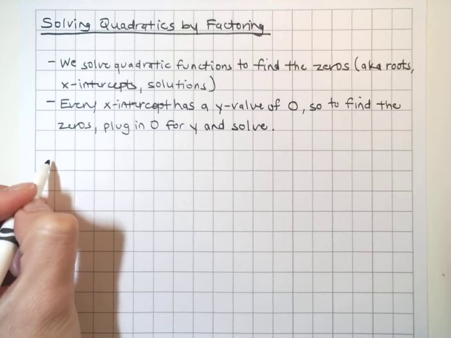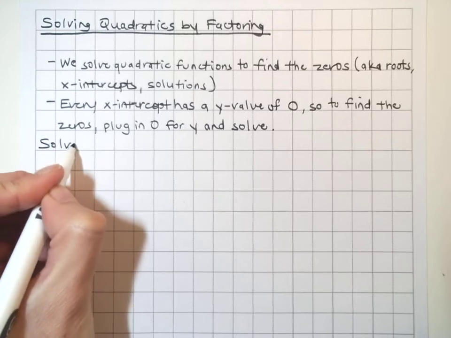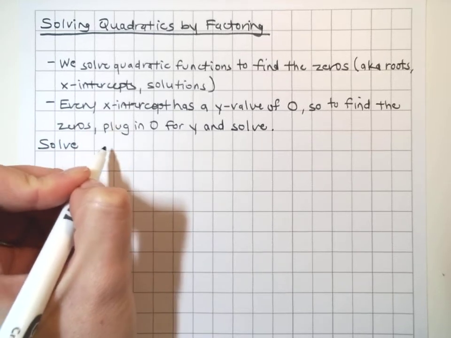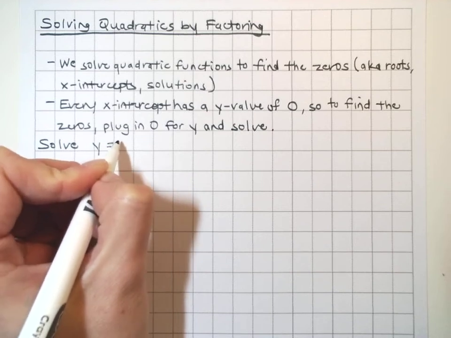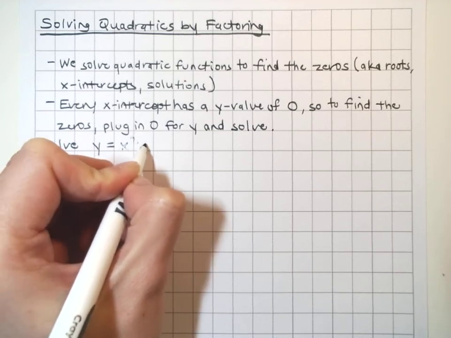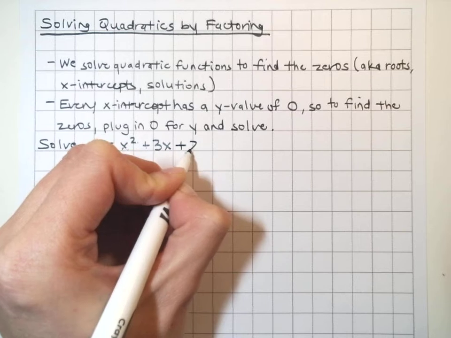Okay, so let's look at an example. So solve Y equals x squared plus 3x plus 2.